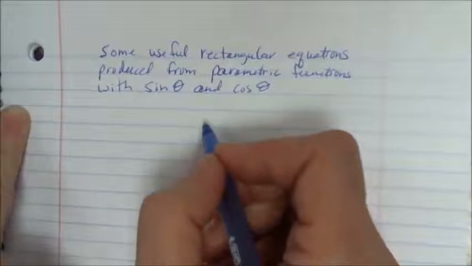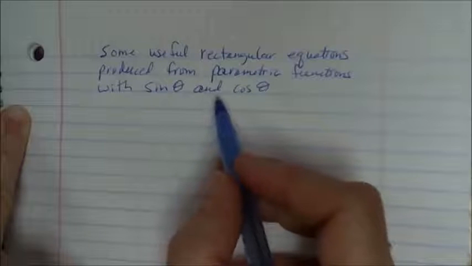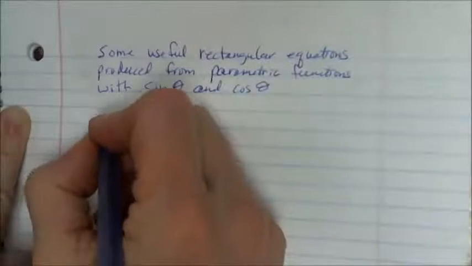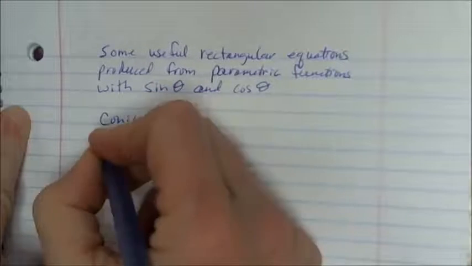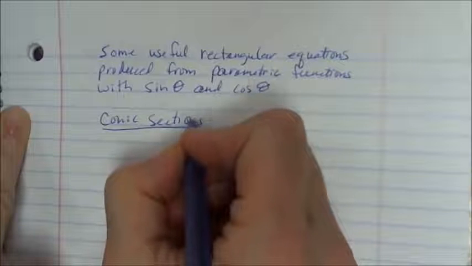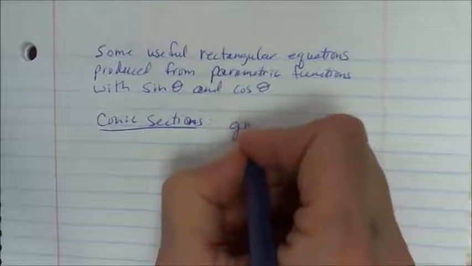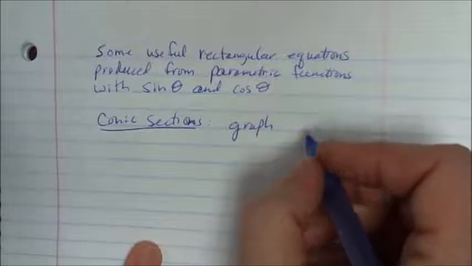These parametric functions that we're going to talk about are going to have sine and cosine of theta, and they're going to produce something called conic sections. A conic section is a particular type of graph that would be produced by slicing a cone.